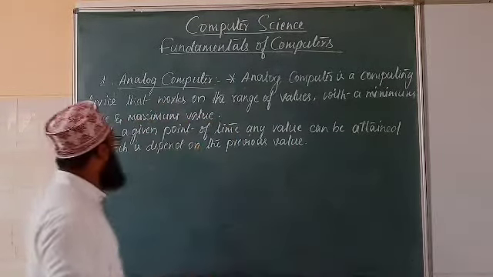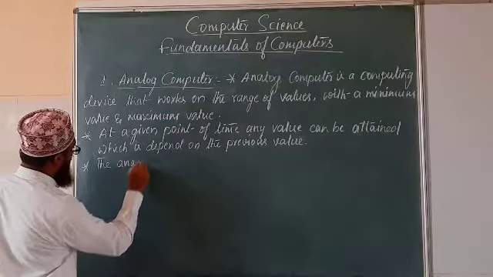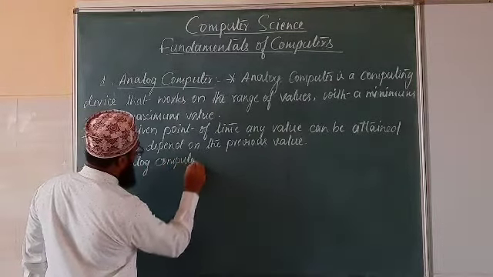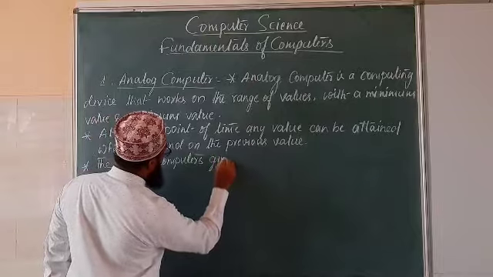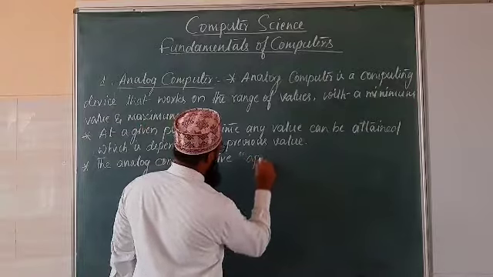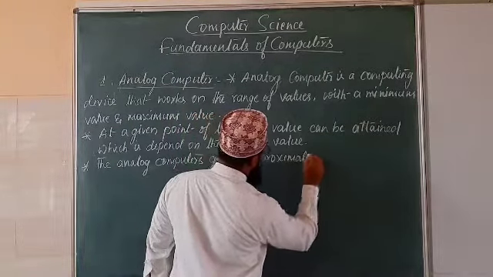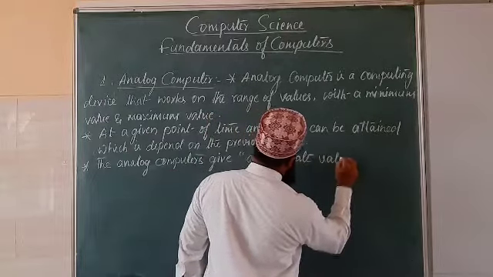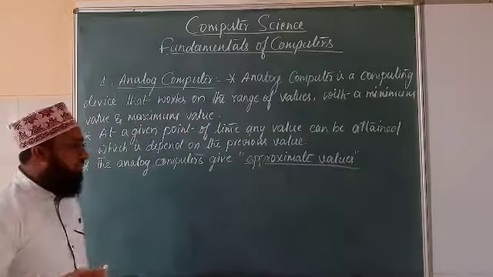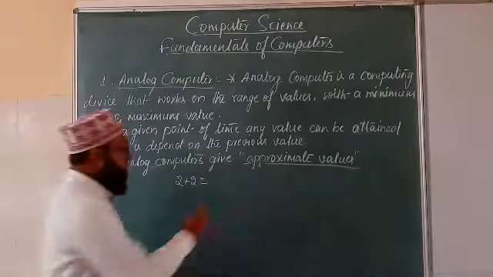And the third point: the analog computers give approximate values. They will not give the exact value. What is the exact value of 2 plus 2? The exact value of 2 plus 2 is 4.